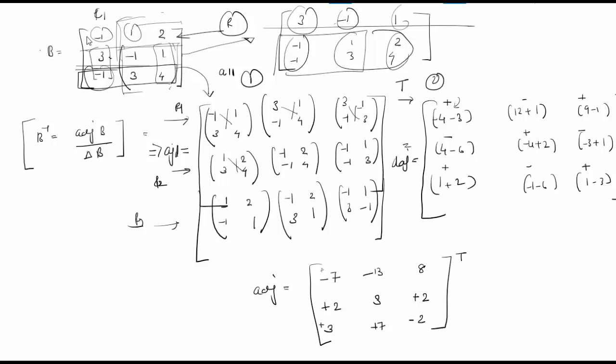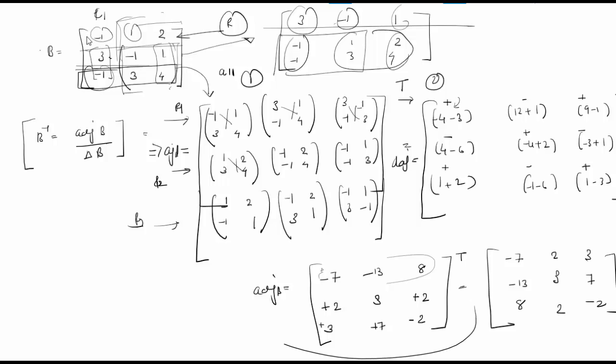So the transpose of this will give me my adjoint of B, which is equal to, I am taking the transpose, then my rows will become my columns. So this is minus 7, minus 13, 8 and 2, 3, 2 and 3, 7, minus 2.